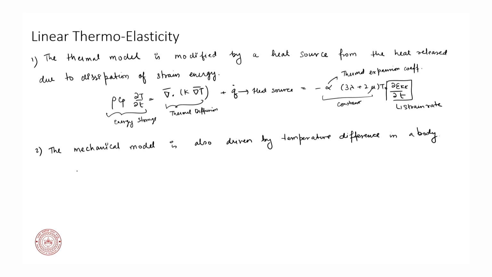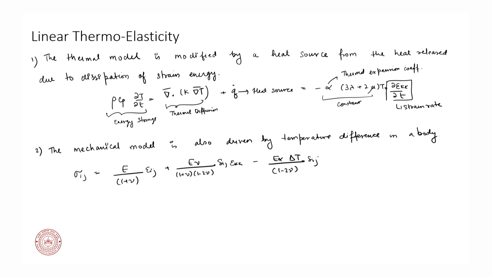The stress tensor, that is the Cauchy stress tensor sigma ij, if we rewrite that again, was E over 1 plus nu epsilon ij plus E nu over 1 plus nu, 1 minus 2 nu delta ij epsilon kk minus E alpha delta T over 1 minus 2 nu delta ij.